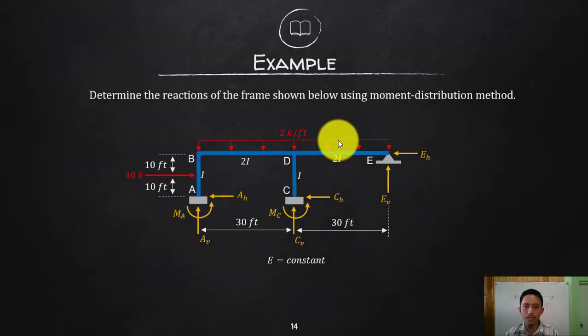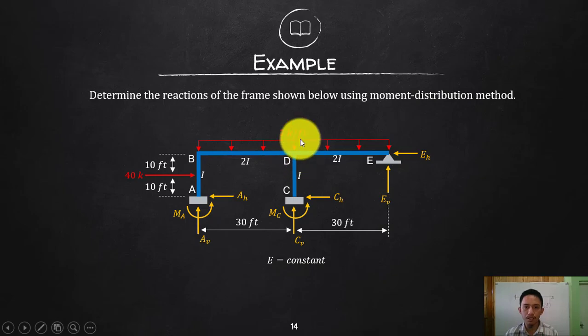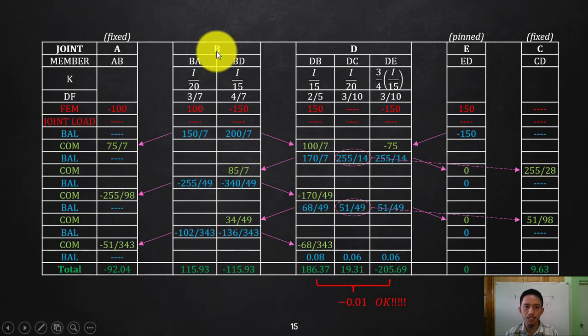And then, of course, it is a little bit complicated at joint D, since there are three members connected to that. It's okay with the first one, that is your other end. The other end is E, but I cannot put there the other end C. So I need to separate that. So again, carry over B, this will be carrying over with each other.